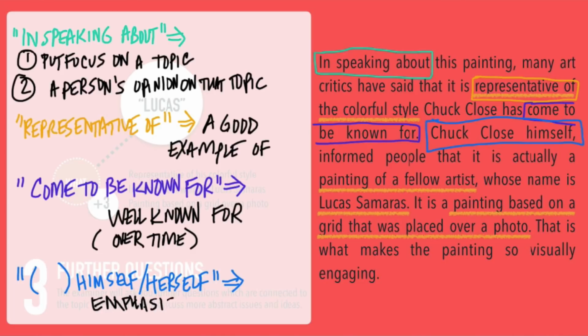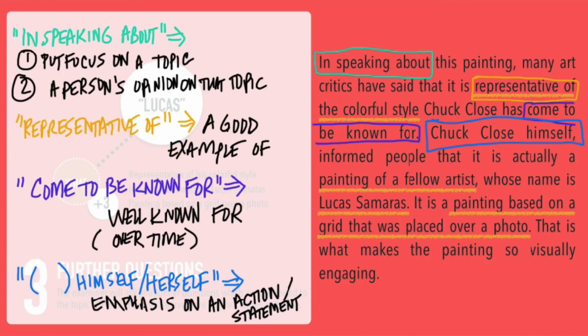So, emphasis on an action or a statement. There we go. Emphasis on an action or a statement. So, the king himself said that citizens should always work together. So what happened? I could have just said, the king said citizens should always work together. But I wanted to put emphasis on an action or a statement. So I said, the king himself said that citizens should always work together.